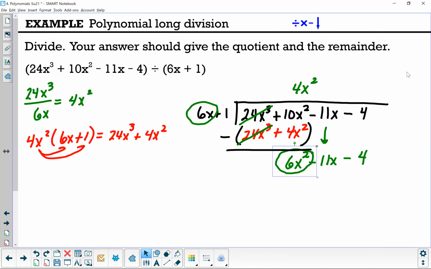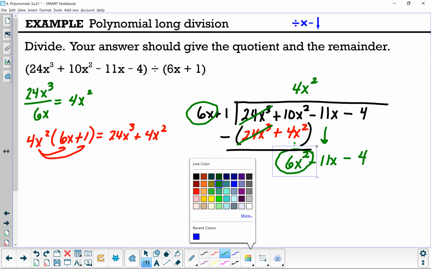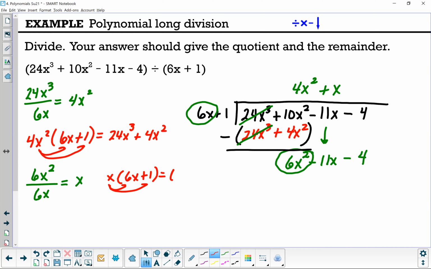So we're dividing the 6x squared by the 6x, and that gives us 1x. So I'm going to put plus 1x. Multiply the 1x by our divisor of 6x plus 1. So that's going to give us 6x squared plus 1x.